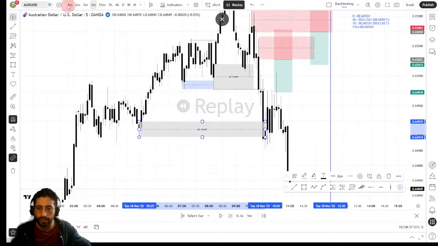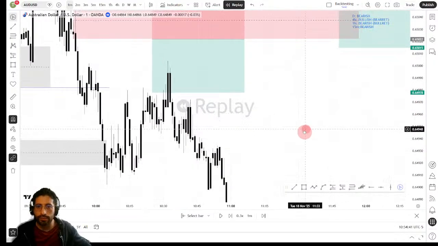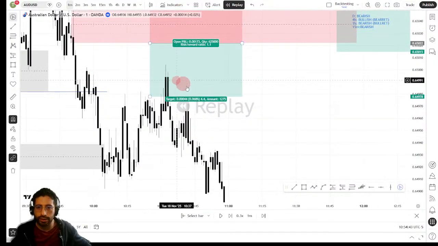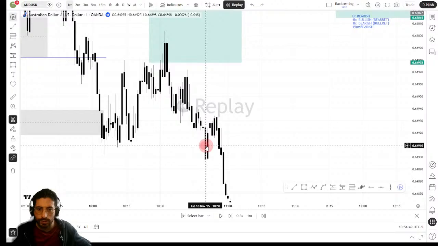Right now in this order block, let me see if the price made something interesting. Well, the price enters right here, then it makes this break of structure, this BOS here.